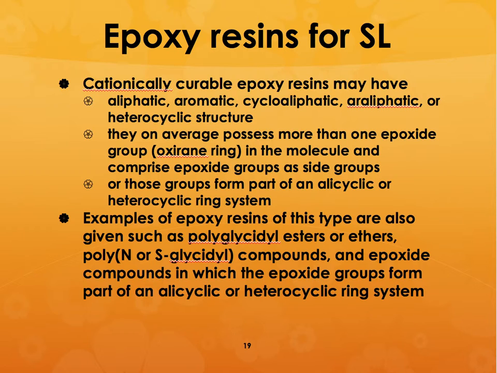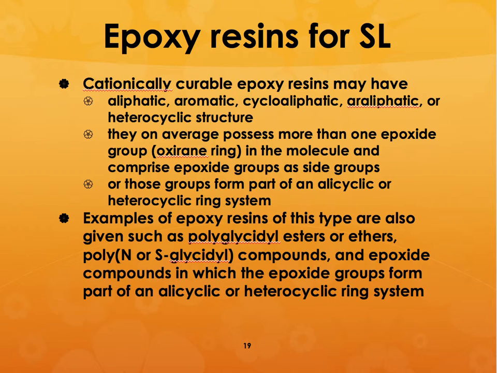Essentially, the reason for using epoxy resins for stereolithography, or for adding epoxy resins to it, is so that we have as little shrinkage as possible, because the earlier acrylate type of resins used to introduce a considerable amount of residual stresses.